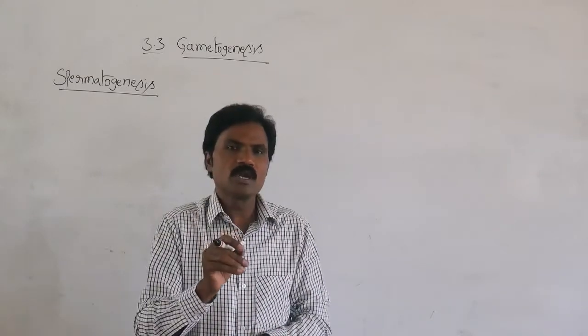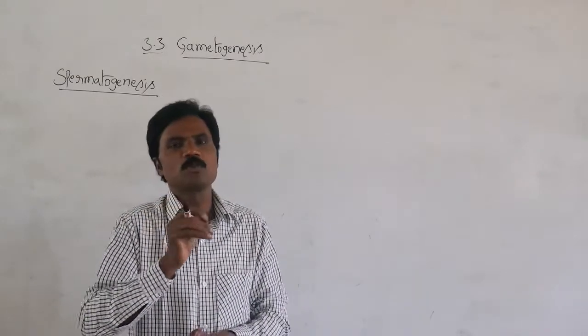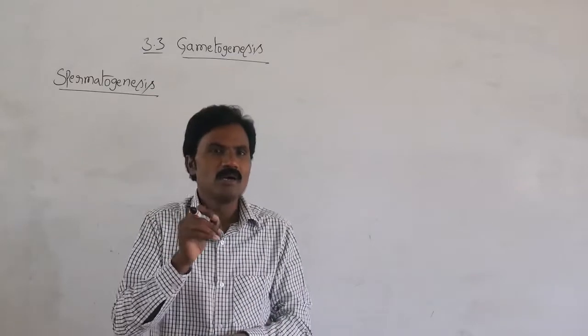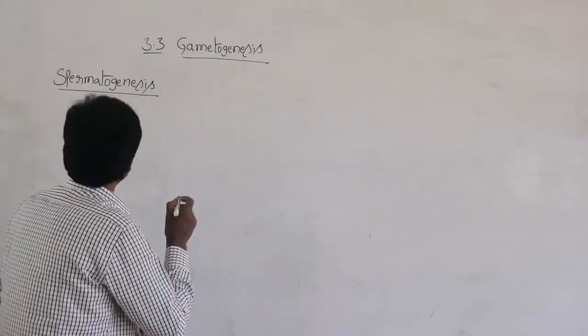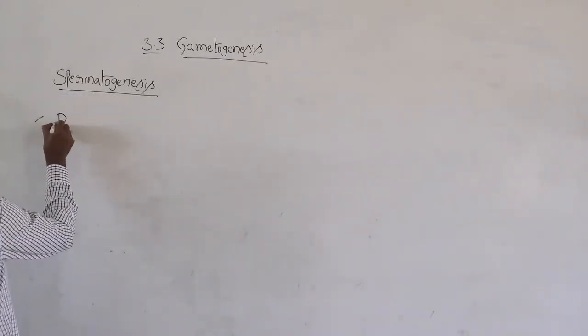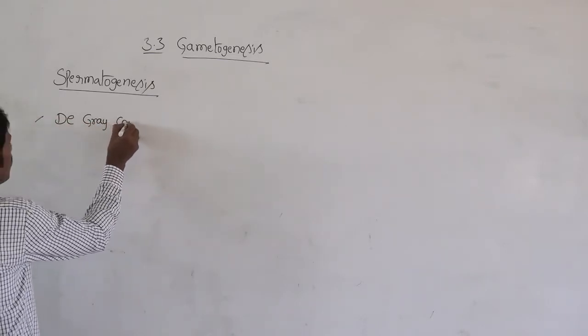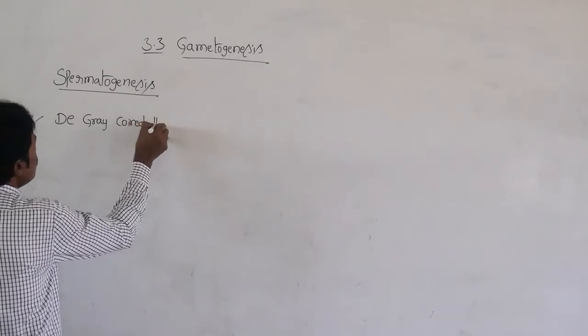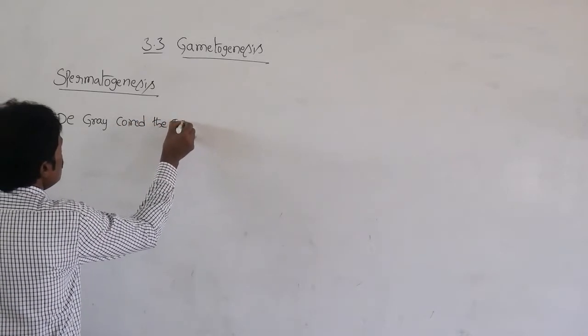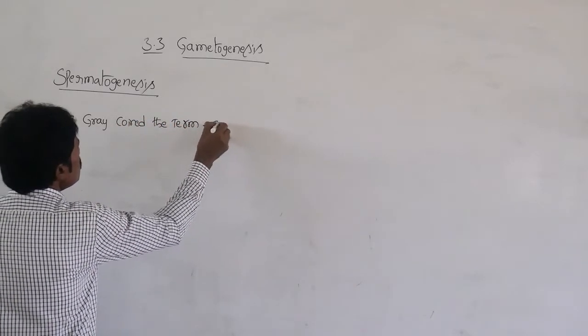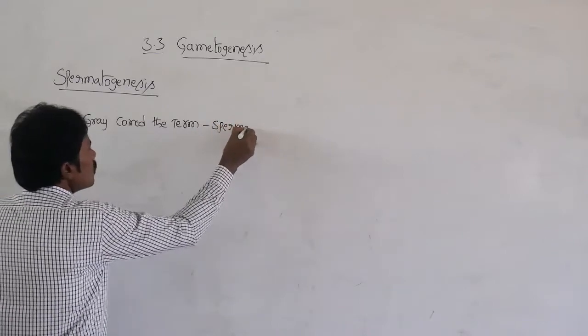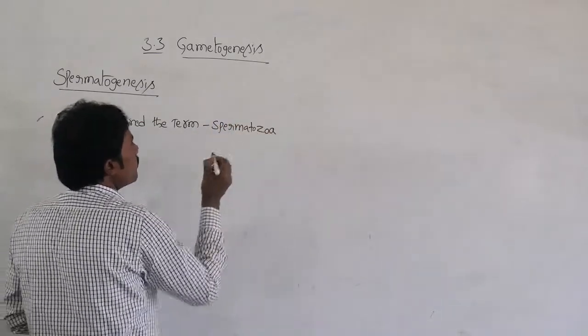Who is the scientist who coined the name sperm? That is D. Gray. D. Gray coined the term spermatozoa.